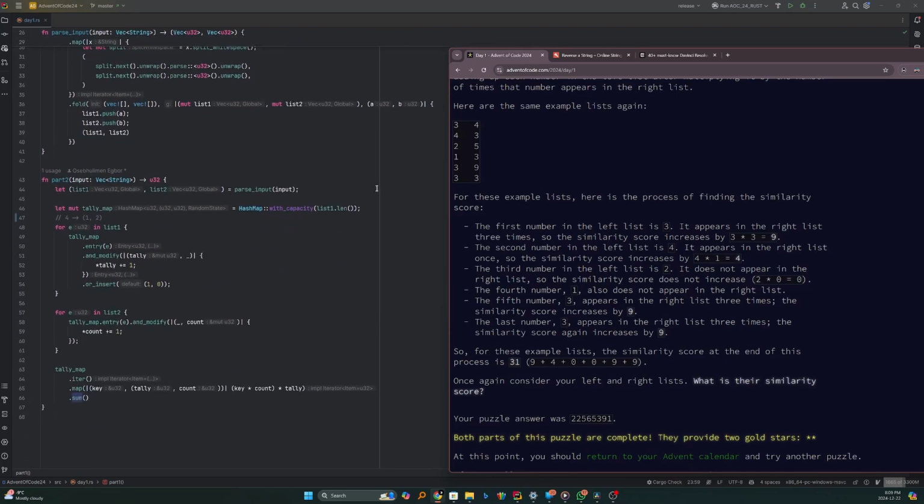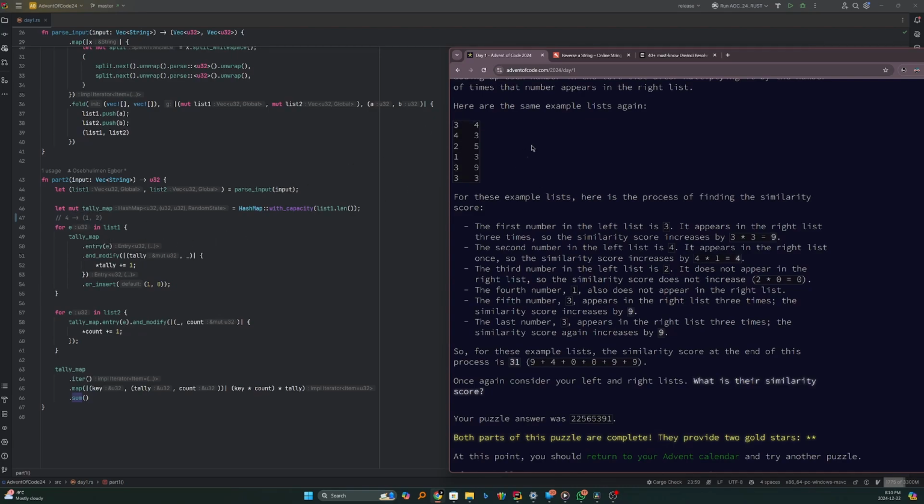What I did, which is a bit more convoluted, is we map the number here to two things. The first value of the tuple is how many times it occurred in the first list. The second value of the tuple is how many times it occurred in the second list. So for 4 here, 4 maps to 1 being how many times it occurred in the first list.